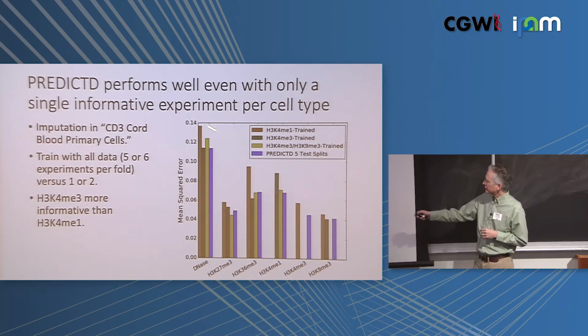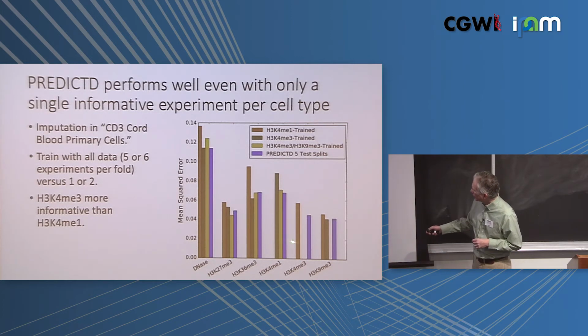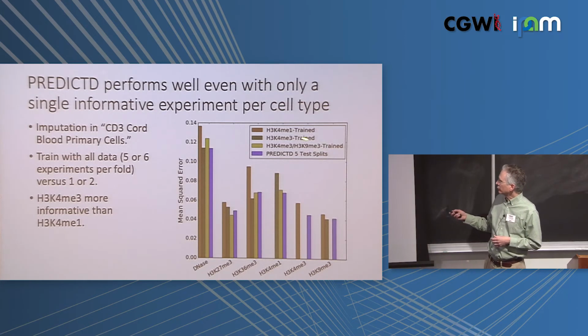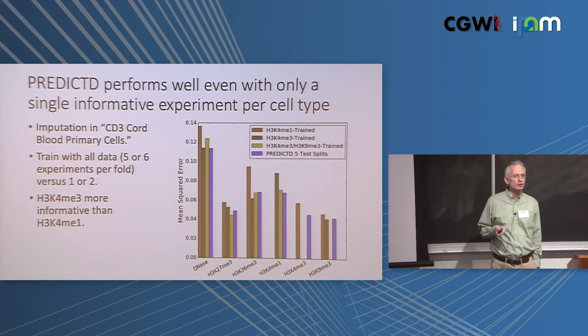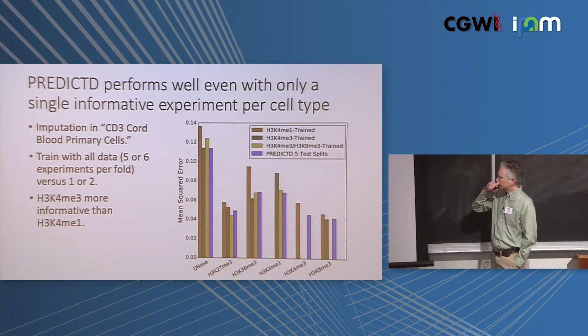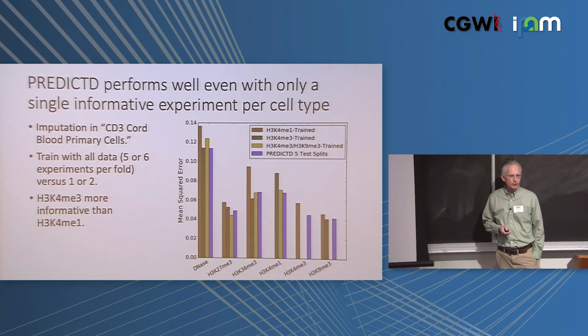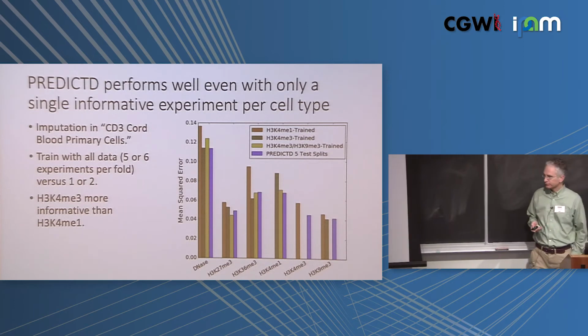And it turns out you can see consistently the orange seems to be worse in the sense that it's a higher mean squared error for all of the ones where we did both of those, which is consistent with what people know in the field, that generally speaking, the green mark, this ME3, is thought to be a more informative kind of histone mark. And then in general, if you train on the full data set, which is the 5-fold cross-validated blue one here, especially comparing to the green, you don't see a huge degradation in performance. And so this was encouraging that it seems to work well when you don't have many data sets available.